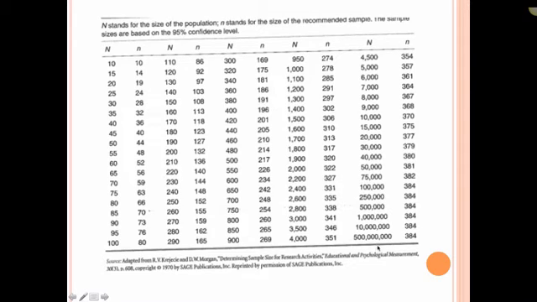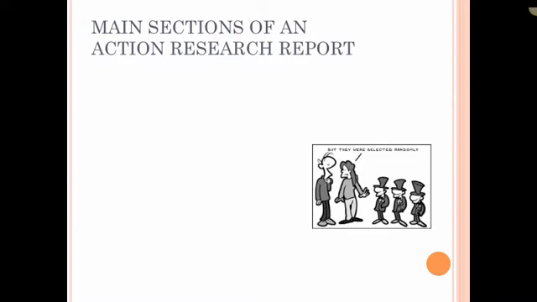But technically, this table shows the number of participants that you need in order to make baseline inferences about your population according to its size. So that gives you a sense of how many cases you should sample to make inferences about a population. Again, this is in quantitative research.